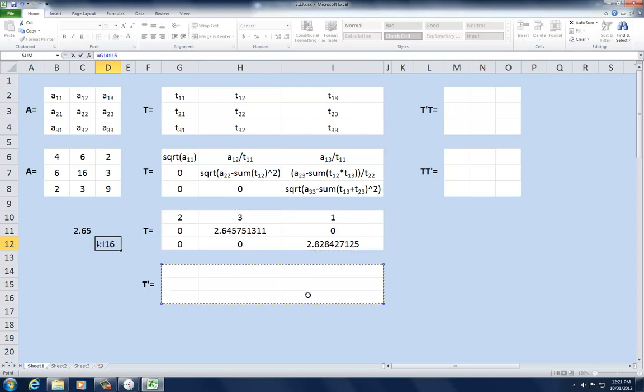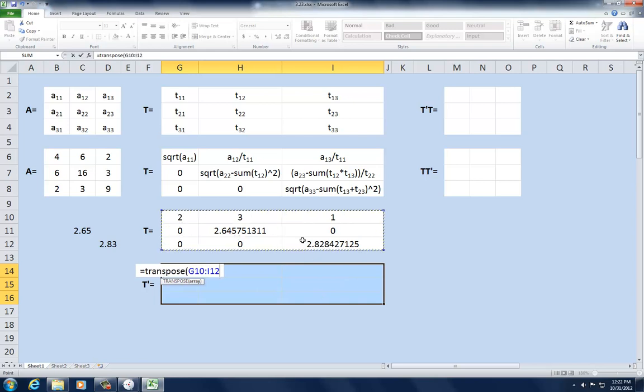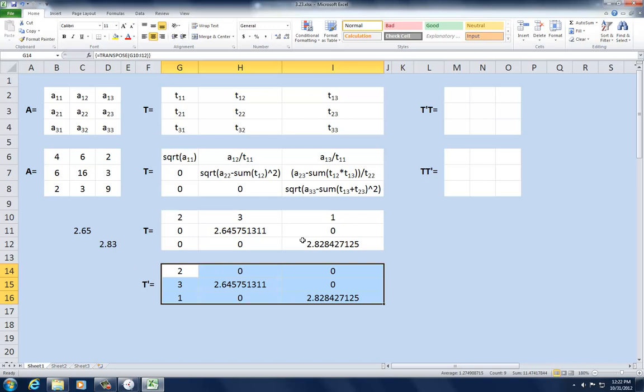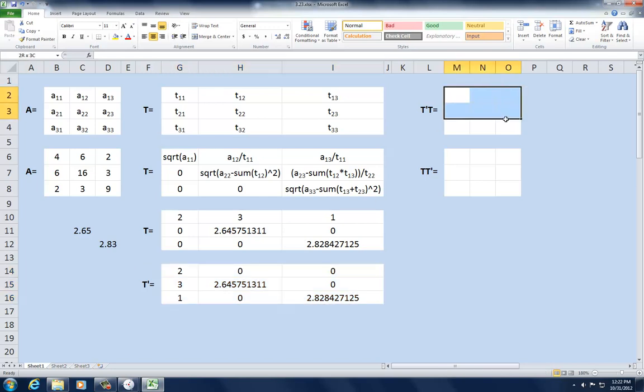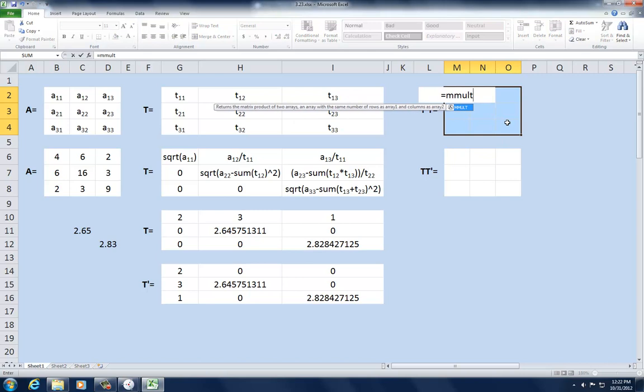So I'm going to do the transpose function of this matrix. Control Shift Return. Okay, now let's do some matrix multiplication to demonstrate what we talked about before in order to check our answer.